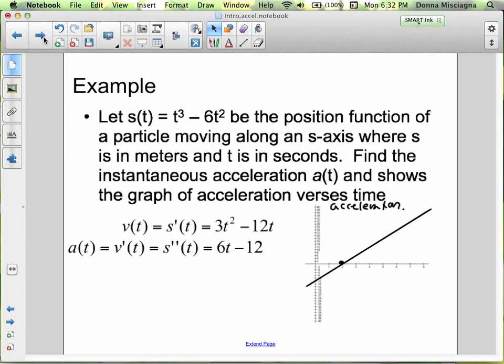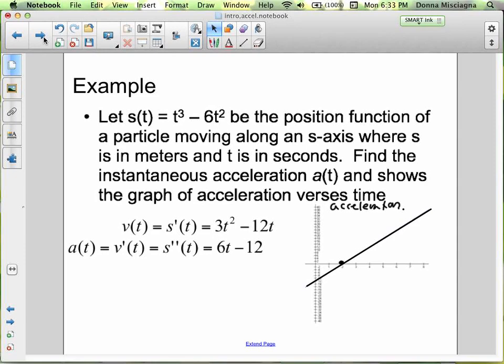All right, so let s of t equal t cubed minus 6t squared be the position function of a particle moving along an s-axis where s is in meters and t is in seconds. And that was the one we graphed in the last Nearpod. Find the instantaneous acceleration a of t and show the graph of acceleration versus time. So the velocity function is the derivative of the position function.